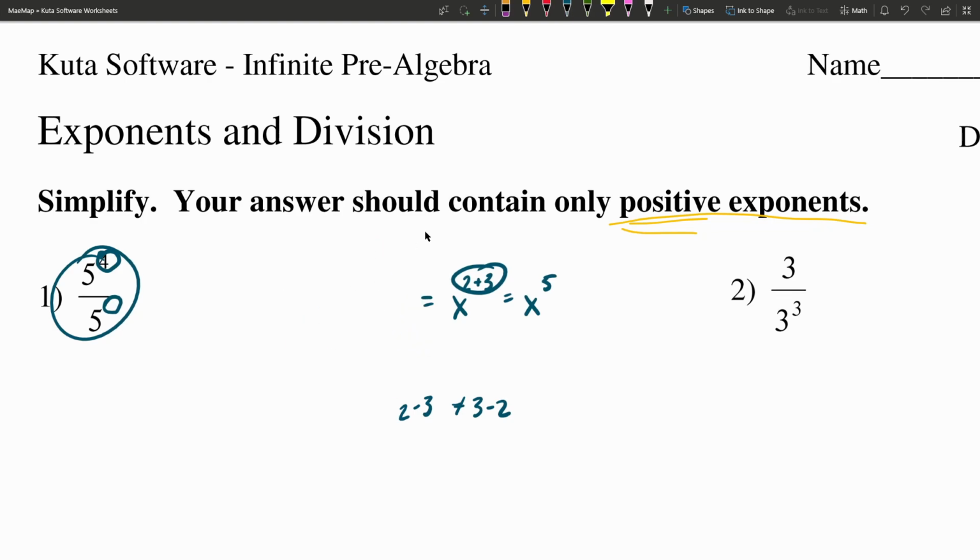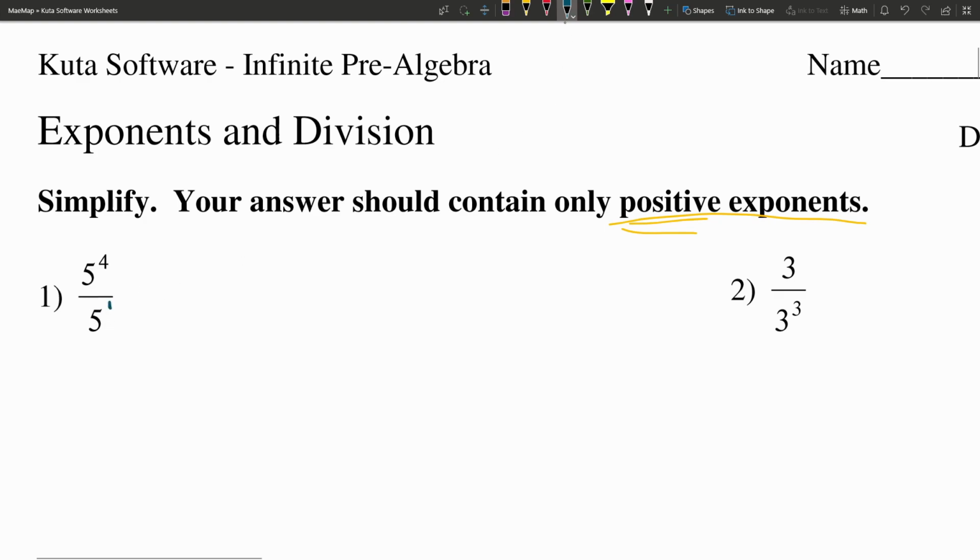So let's dive into number 1, going over this a little more in depth. So number 1, you can see we have 5 to the 4th divided by 5. Remember, this 5 we could also write as 5 to the 1st power, an exponent of 1.